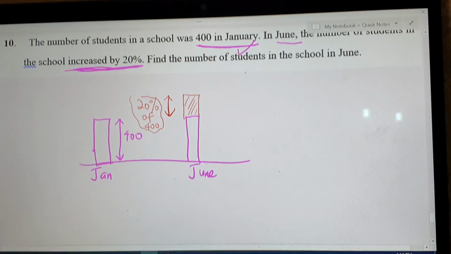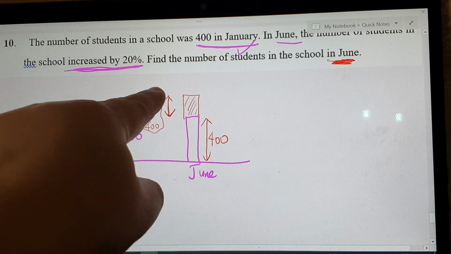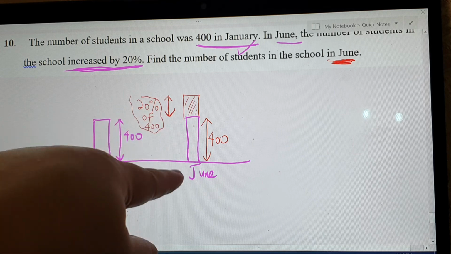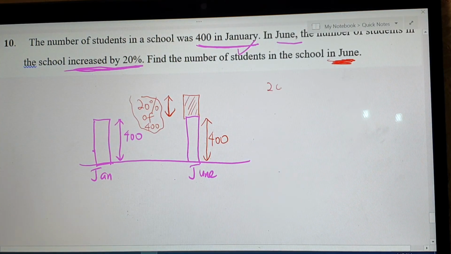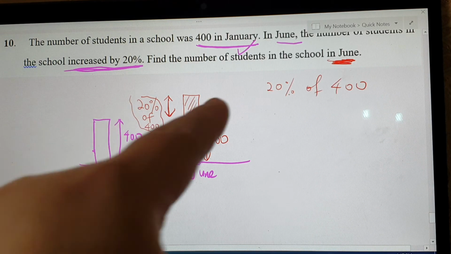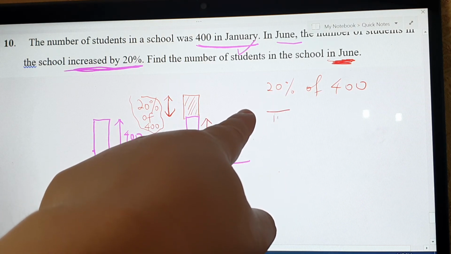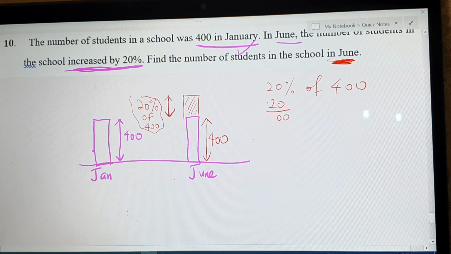So they now ask you to find the total number here. Don't you agree that this is 400? And then I now need to add to this. Then I can find the total population of the students in June. So I take 20% of 400. Do you remember in our last video, we say that this percent means over 100? Then this number here would just be the numerator on top.